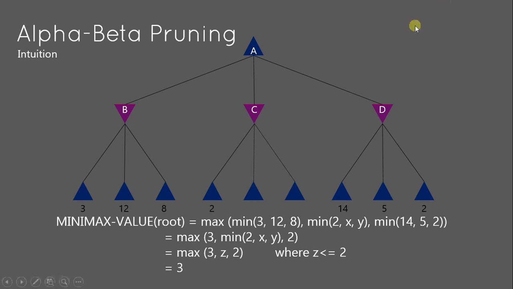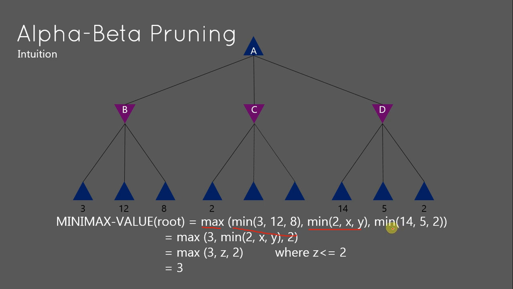In this game tree, for example, A is the maximum of these three nodes, and these nodes are the minimum of the things below them. So first, we're going to get the maximum of the minimum of these three.